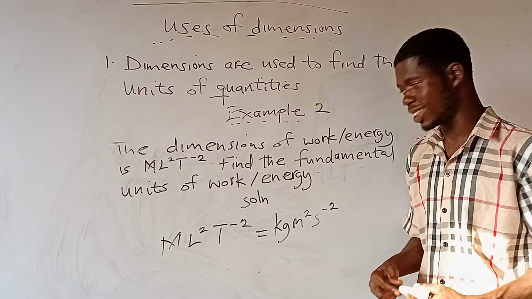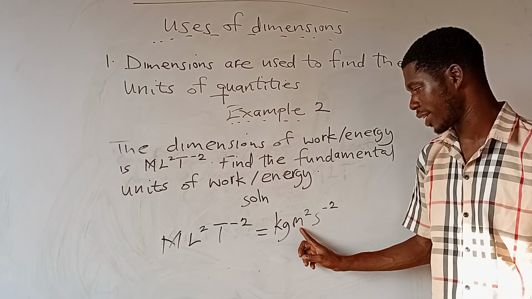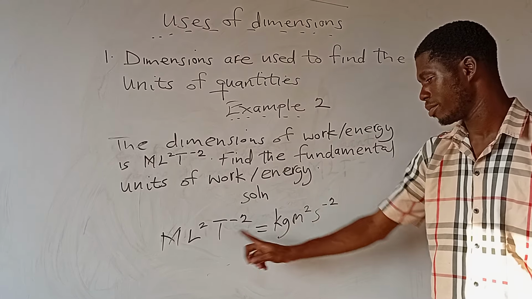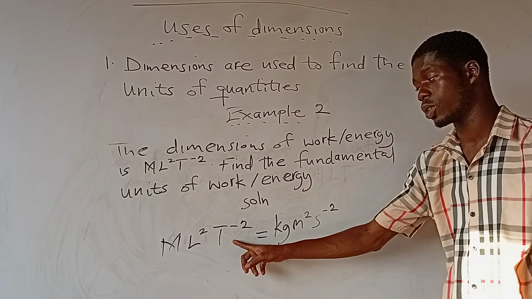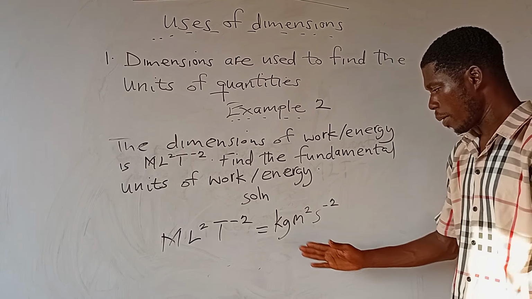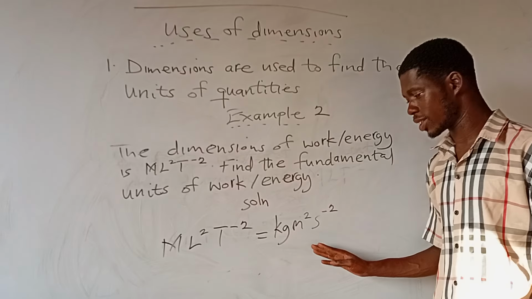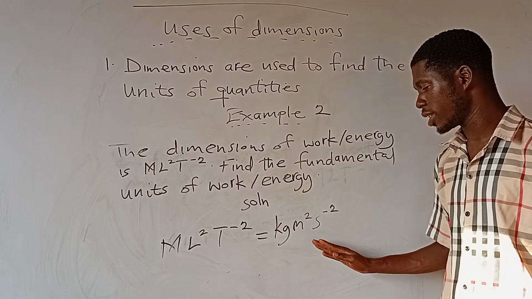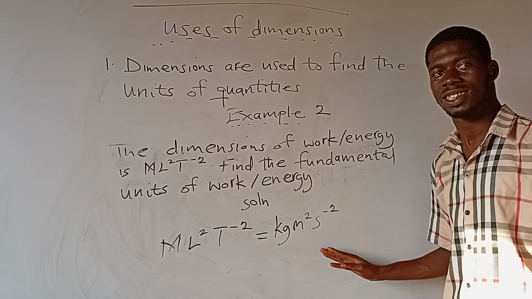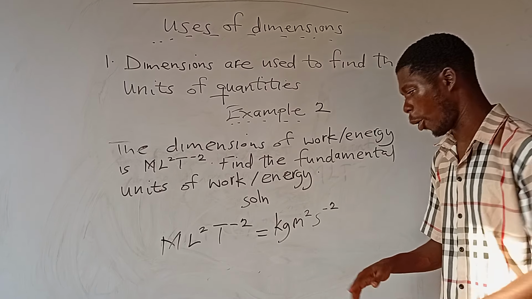So this is the unit for that physical quantity. But you're supposed to express it in a proper way, because you don't have any units like that in physics. So you're supposed to write them properly.